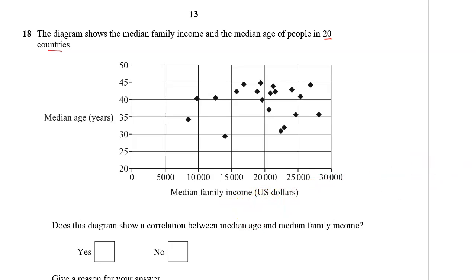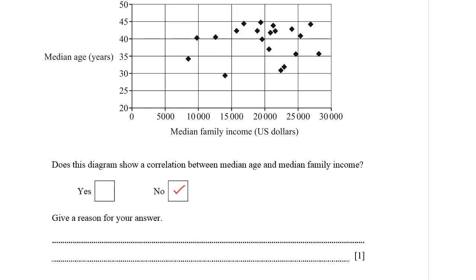The question is, does this diagram show correlation between median age and median family income? My answer is no. There's no correlation here. The diagram is not showing any correlation. There is basically scattering around.